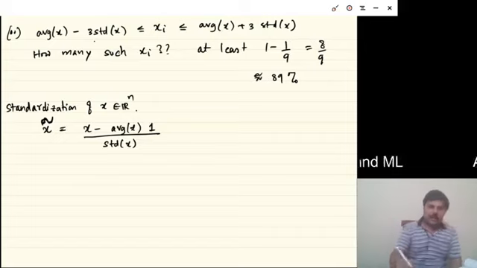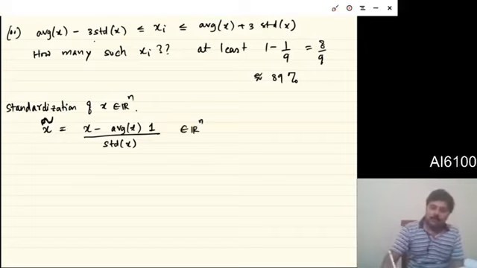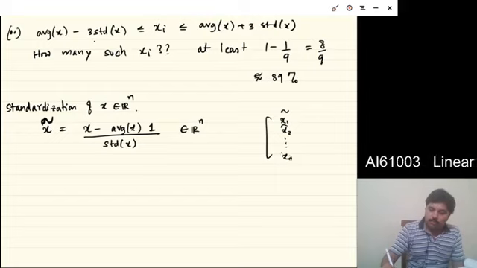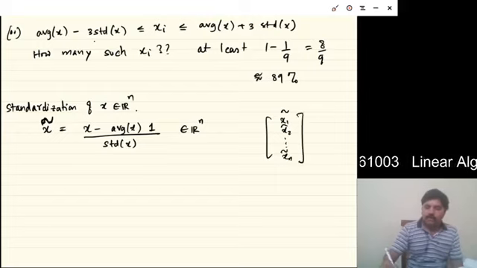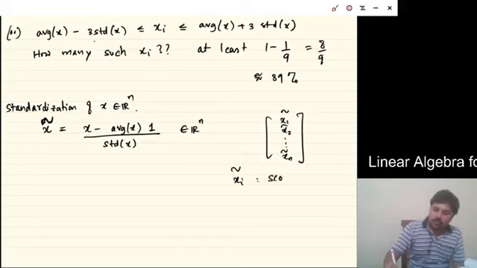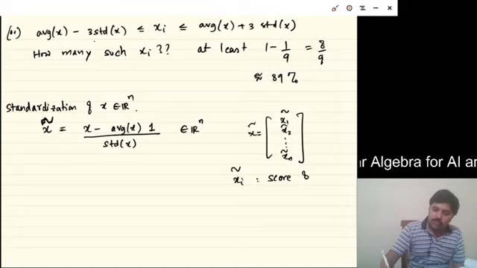So this x tilde has n components. So this is a vector in Rn, and this vector is basically x1 tilde, x2 tilde, and so on up to xn tilde. And the entry xi tilde is generally called a score. So this vector many a times is called the score vector.